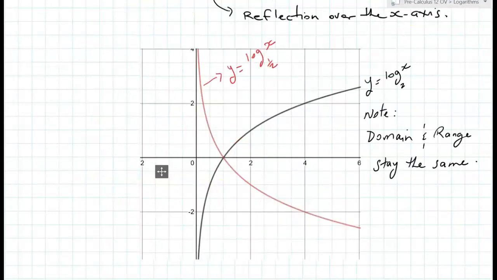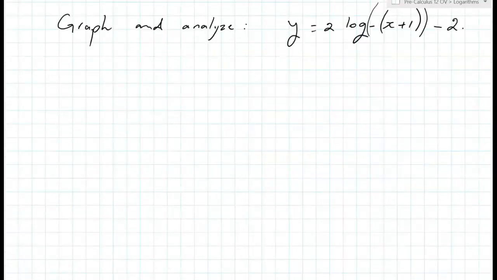Great. So here's the graph. I pasted it on here just to make sure for your notes. And the other piece of information is that notice the domain and range of the graph stays the same as the original. The reflection doesn't really do anything in this case. So that's basically it.